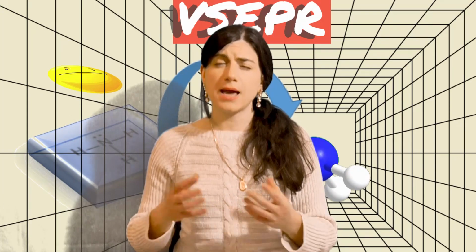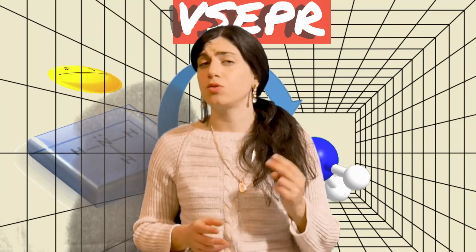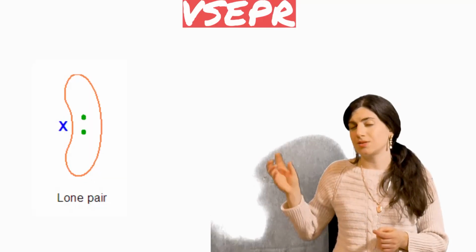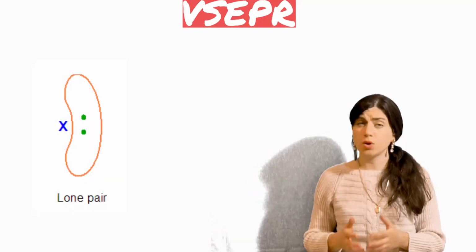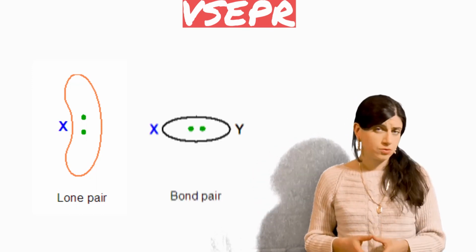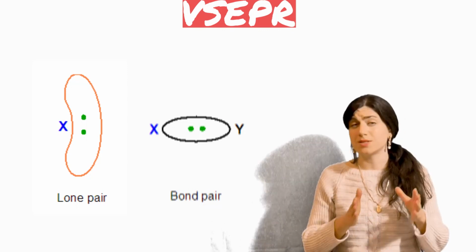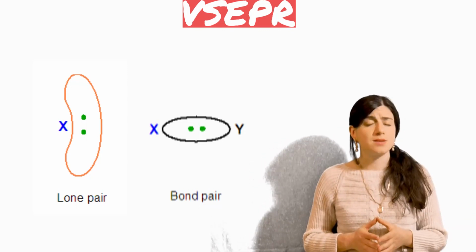So far in this video we have considered the electron pairs in general. However, as you may know, electron pairs can be divided into two categories. Lone pairs, which are the electrons that the central atom doesn't share with other atoms, and then we have bonding pairs of electrons. The bonding pairs of electrons are shared between the central atom and an external atom.